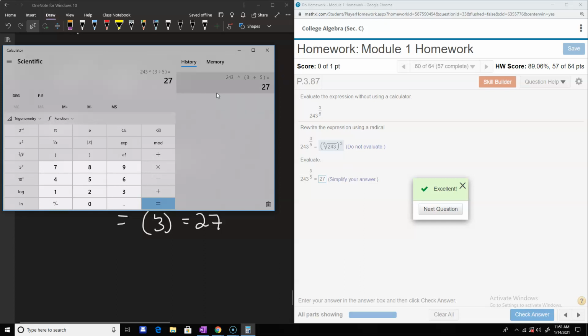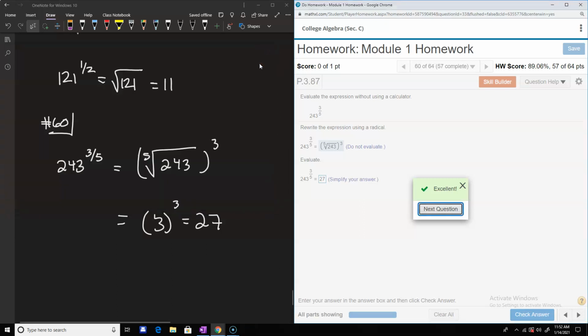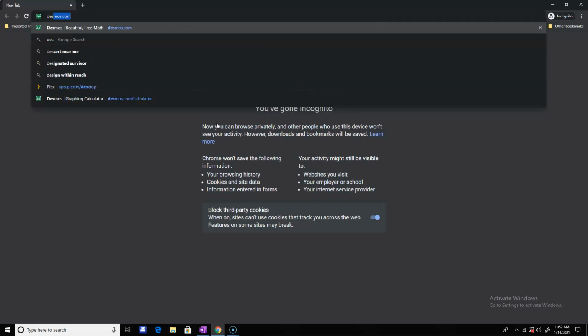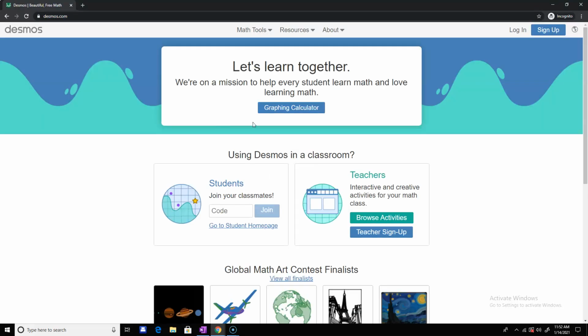Again, visually, the Windows calculator is not the best. Probably on Desmos, you have a better chance of seeing the actual math type. So I like to use this Desmos site. Math tools.